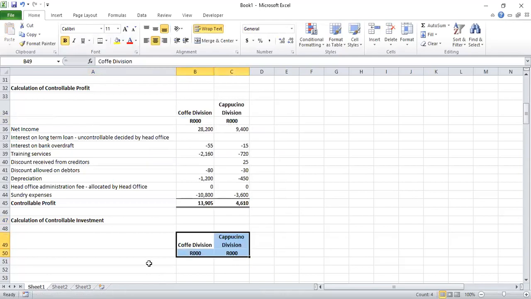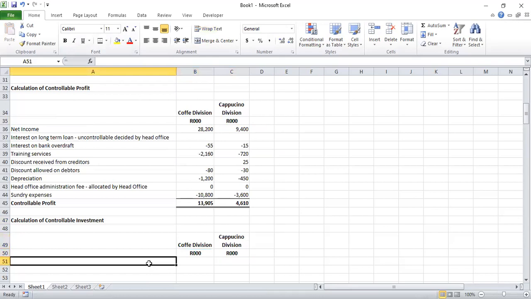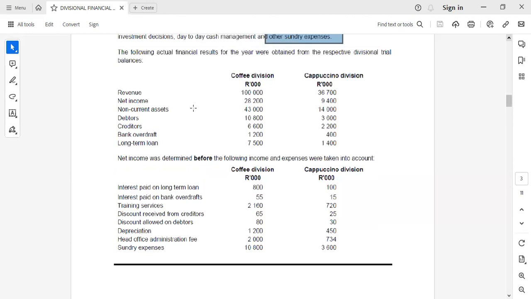Whether an asset or a liability is controllable depends on the information that we're given. Right, so we'll go now on the assets and liabilities on the top part.